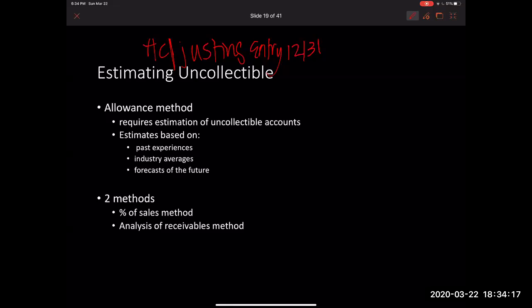It's a debit to bad debt expense, and our credit will be to allowance for doubtful account. Doesn't matter, right? So where we've been so far is we have two different methods.